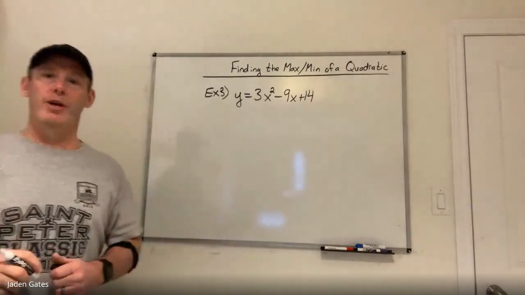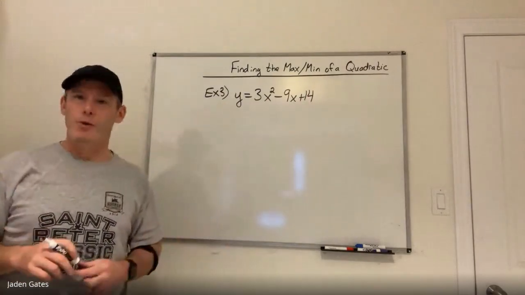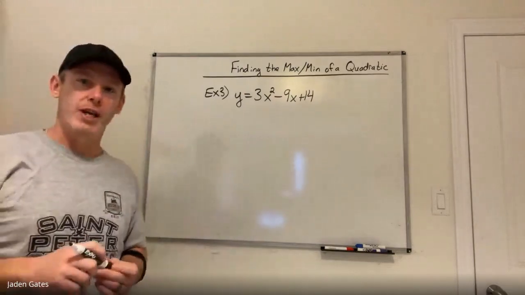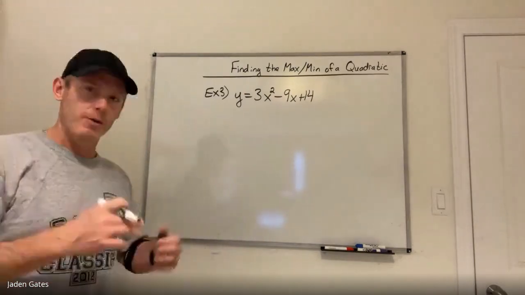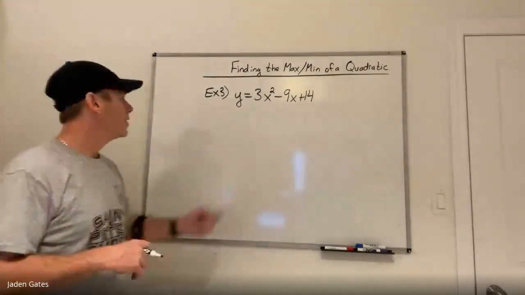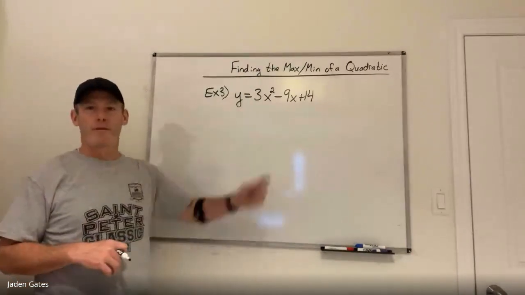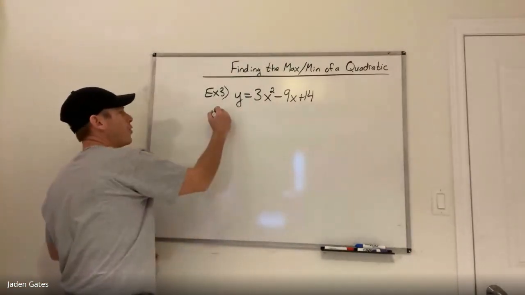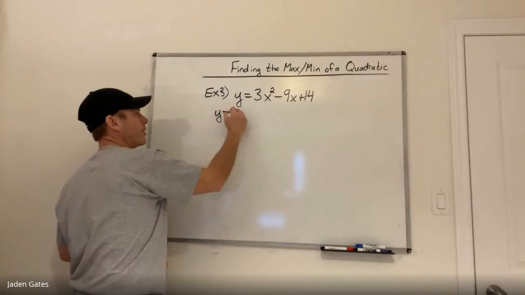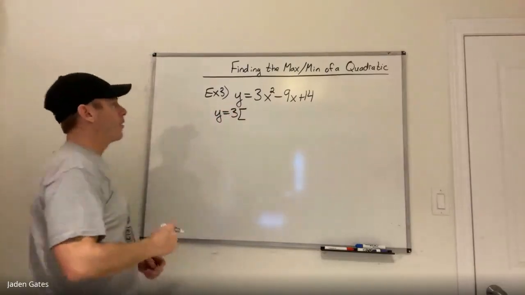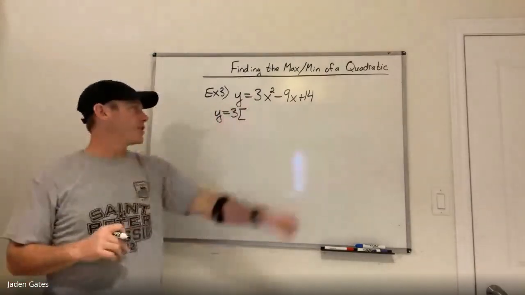There we go. So again, it's in standard form, so I'm going to have to complete the square to get into vertex form, because when you have vertex form, you can spot all the information. But again, I have a number other than 1 in front of my x squared, and so I have to factor out that 3. All right, so again, that means divide every single term by 3.